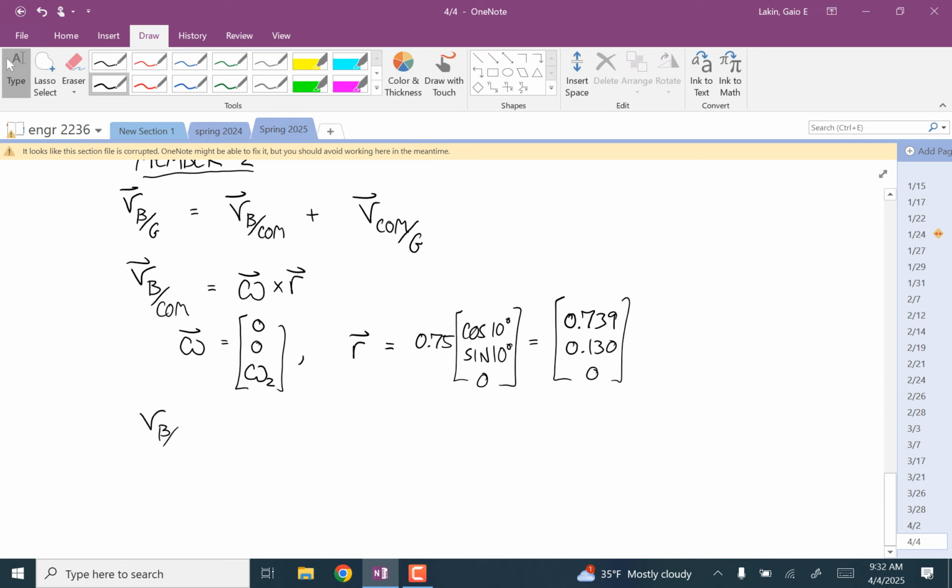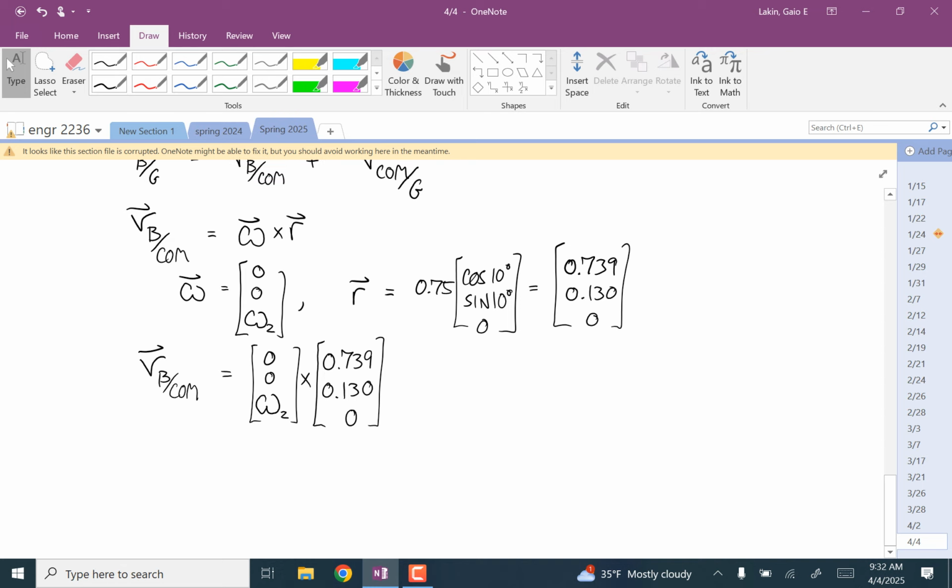And so the velocity of B relative to the center of mass is 0, 0, omega 2, crossed with 0.739, 0.1300. And that is negative 0.130 omega 2 for the x component.